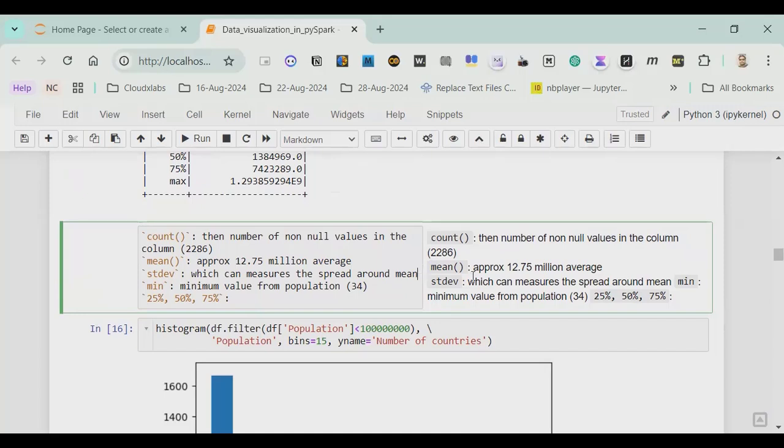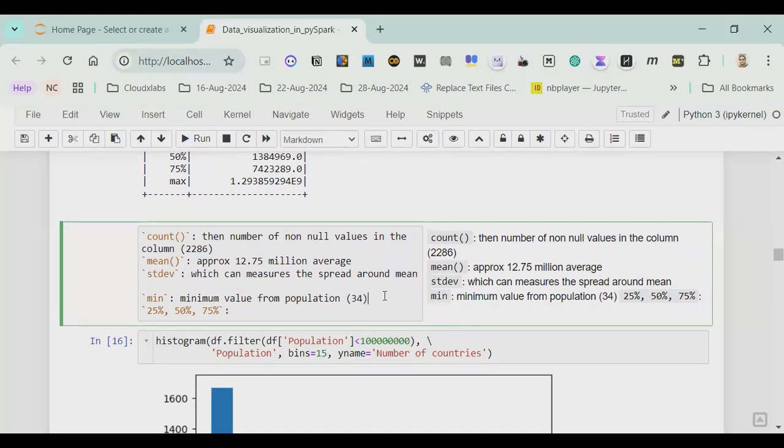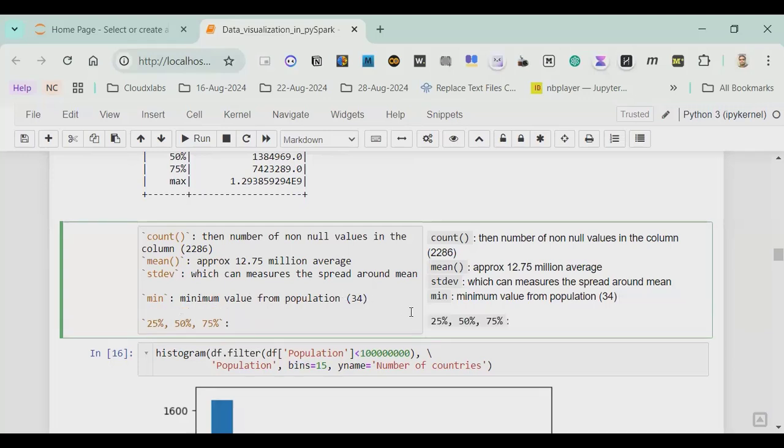The standard deviation, right? Next, this gives the first quartile or 25th percentile. This is also called the 25th percentile, one option, and it is also called the first quartile. Either way, we can call it the first quartile. In a similar way, the 50th percentile or second quartile.